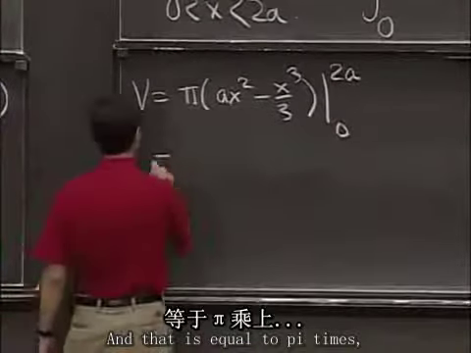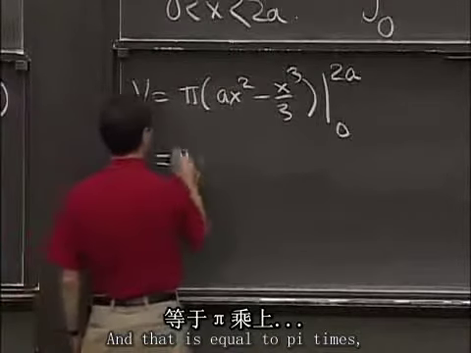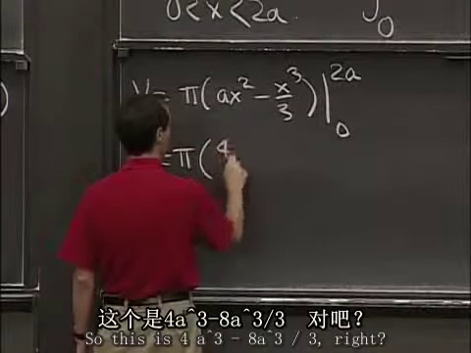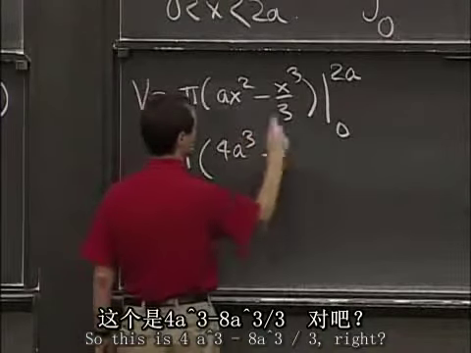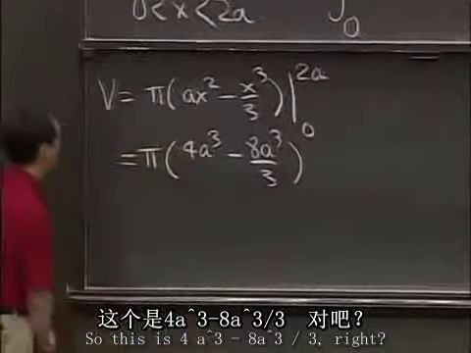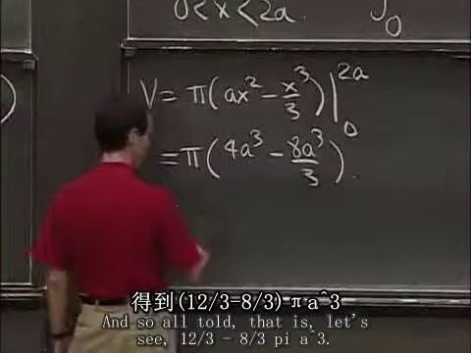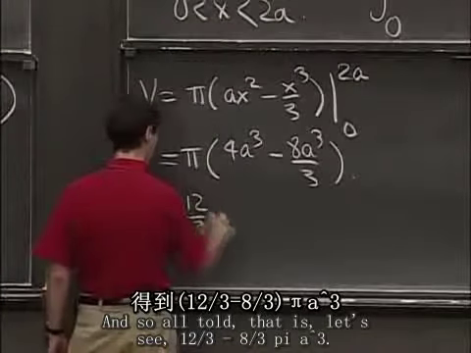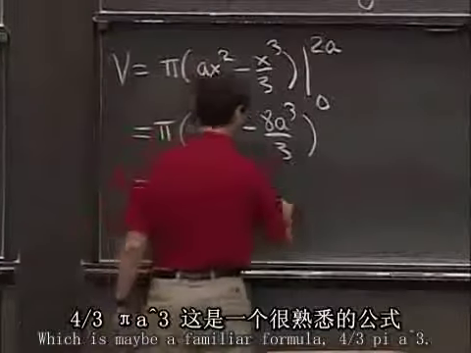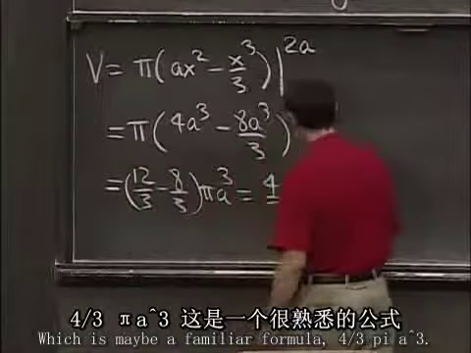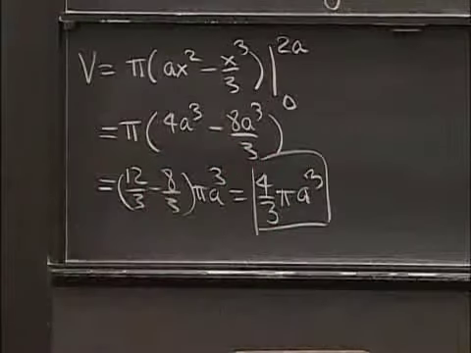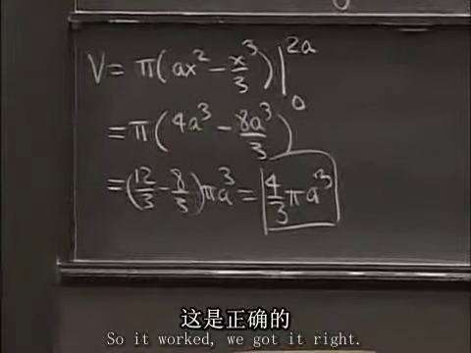And that is equal to pi times, let's see, 2 squared is 4, so this is 4a cubed minus 8a cubed over 3, right? And so all told, that is, let's see, 12 thirds minus 8 thirds pi a cubed, which is a maybe familiar formula, 4 thirds pi a cubed. So it worked. We got it right.